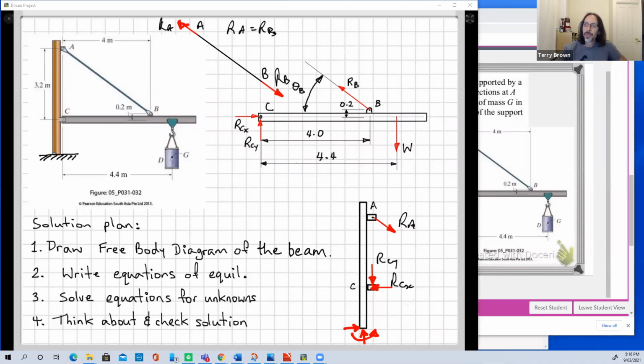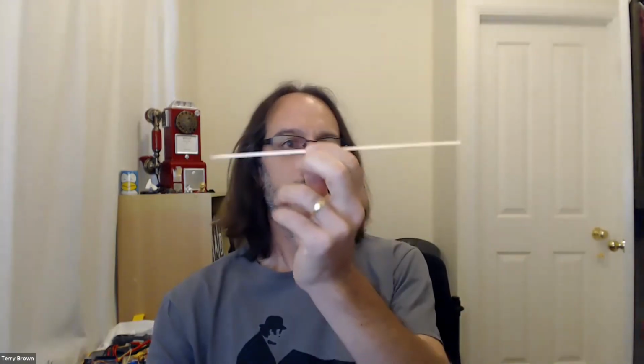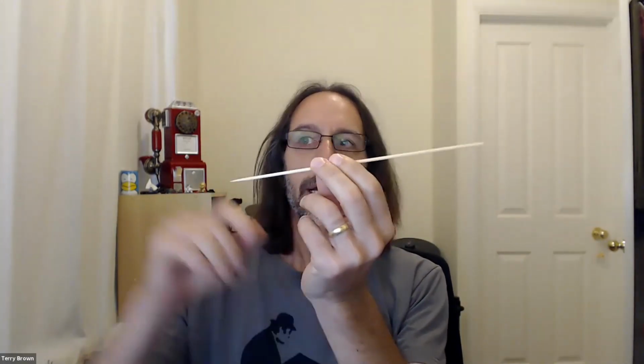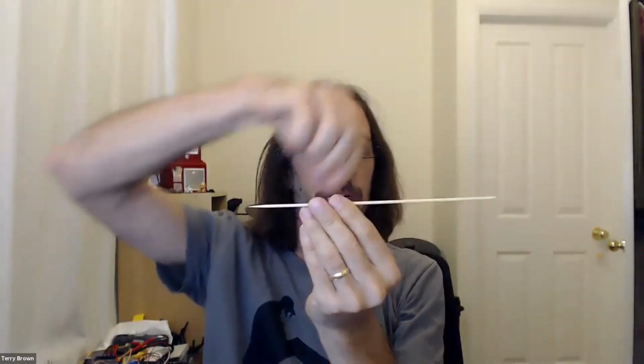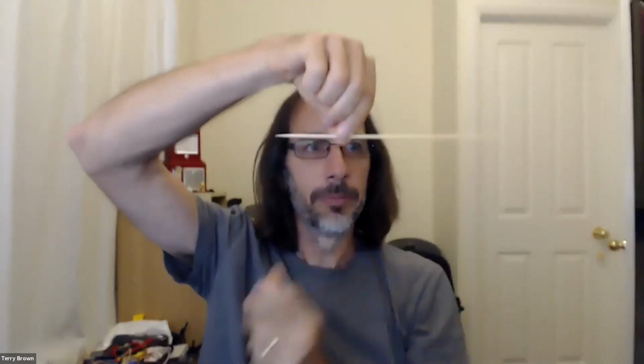Okay, so let me stop sharing for a second so you can see me. Right, so this is our beam here, okay? And let's imagine I don't have a string, but if I've got a cable coming up here holding this up, so it's essentially being held here.